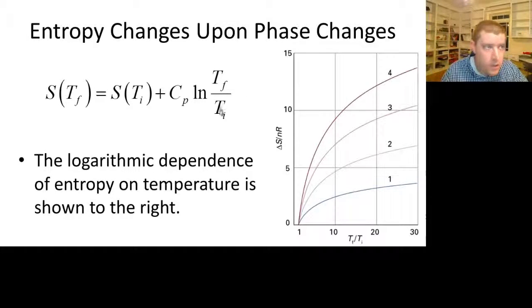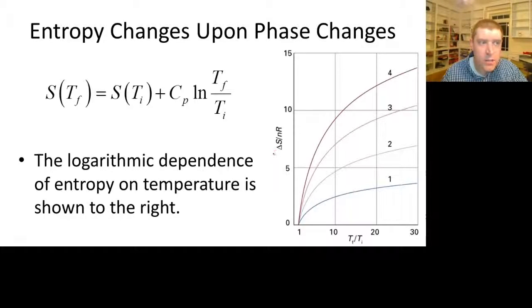All right, so here we have our equation from the last slide. And on the right side here, we can see the ratio plotted on the bottom here. We have the ratio between the final temperature and the initial temperature.